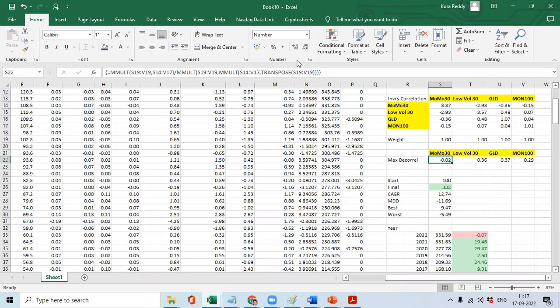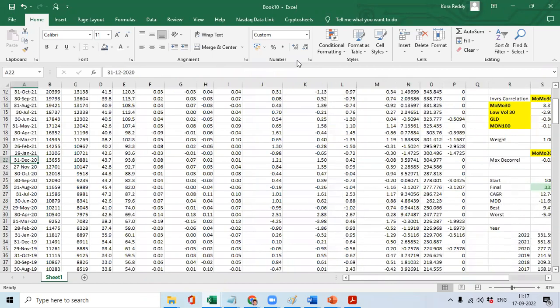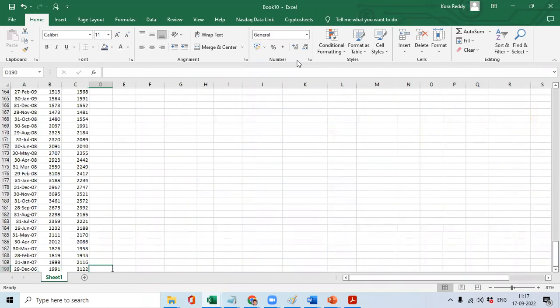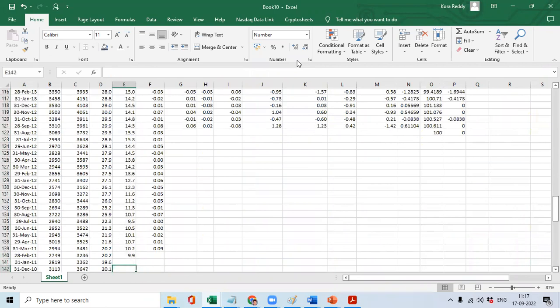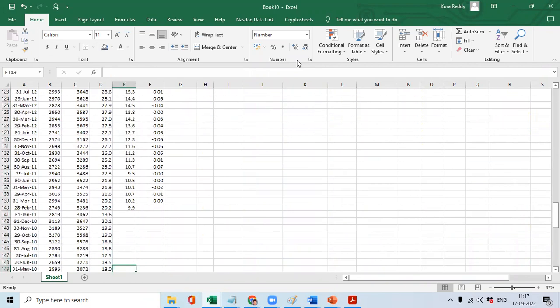Now, to test these kind of portfolios, whether it's highly optimized or things like that, what we'll do is this. NASDAQ doesn't have the data from 2009.